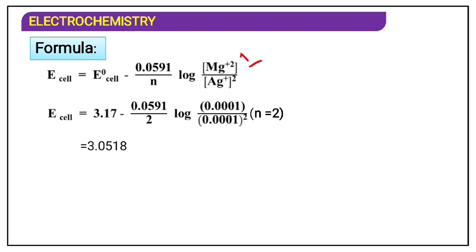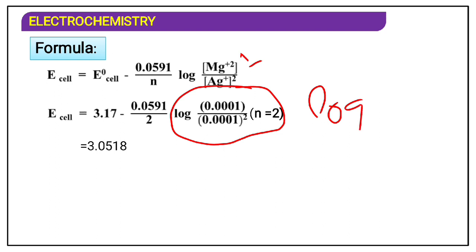See, first we have to simplify the log side. We have to simplify this first, and after that you will get the remaining properly. So how am I going to simplify? Let us look at log 0.001 over 0.001 whole square.